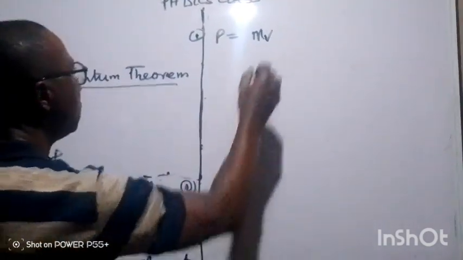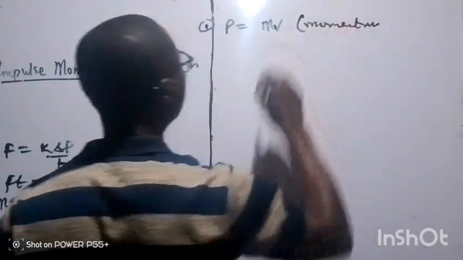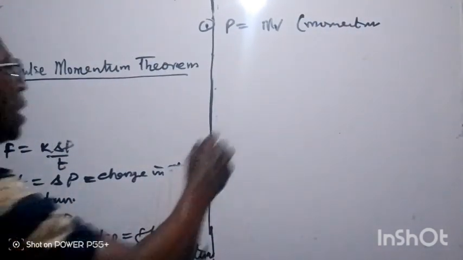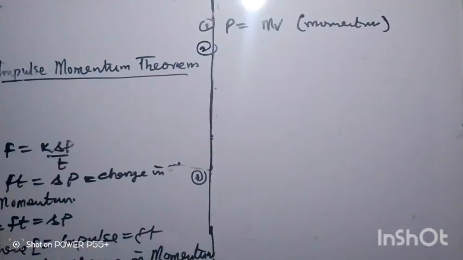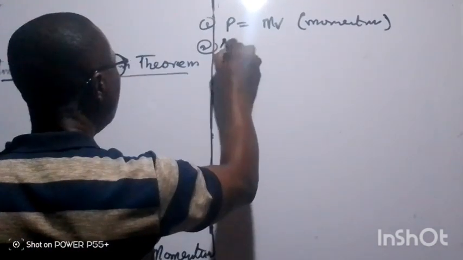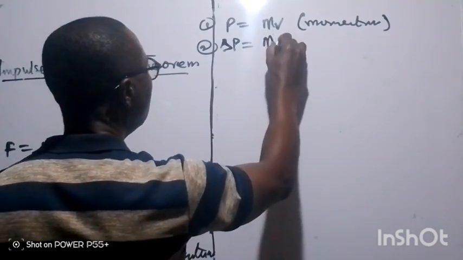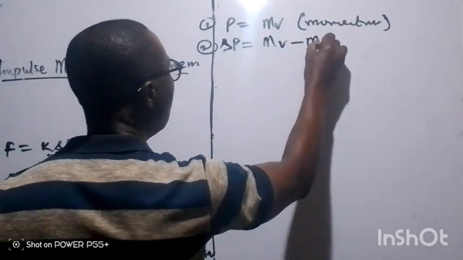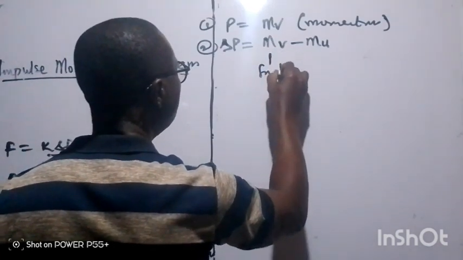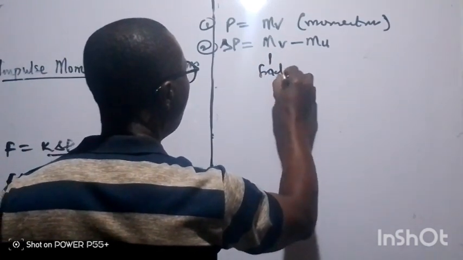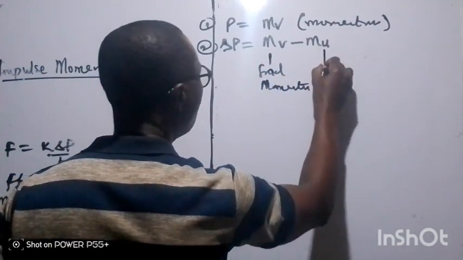Then we move to change in momentum, delta P, which is equal to mv minus mu, where mv is the final momentum and mu is the initial momentum.